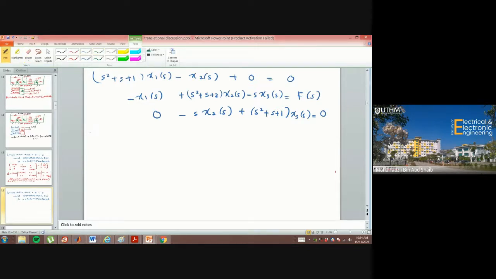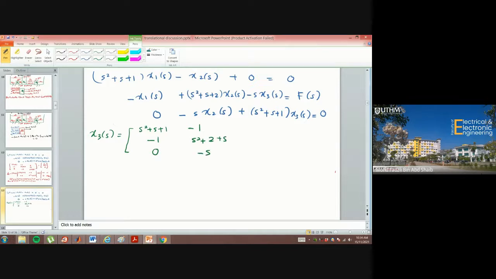Okay, x3 of s equals: s squared plus s plus 1, minus 1, 0. We need to copy this one: minus 1, s squared plus 2s plus 2 plus s minus s.